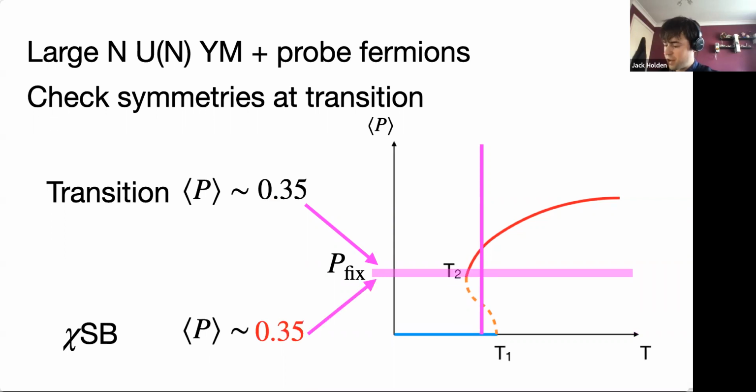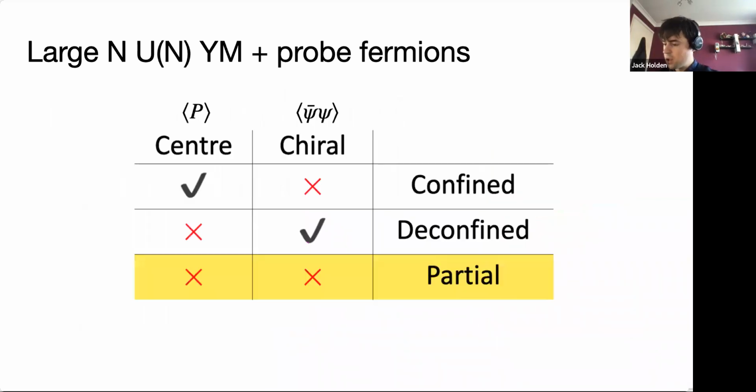And then we find indeed that it's restored at this value p of 0.35, which coincides with the Gross-Witten-Wadia transition. So that would seem to suggest that the partial phase can indeed be characterized by center and chiral symmetry both being broken.